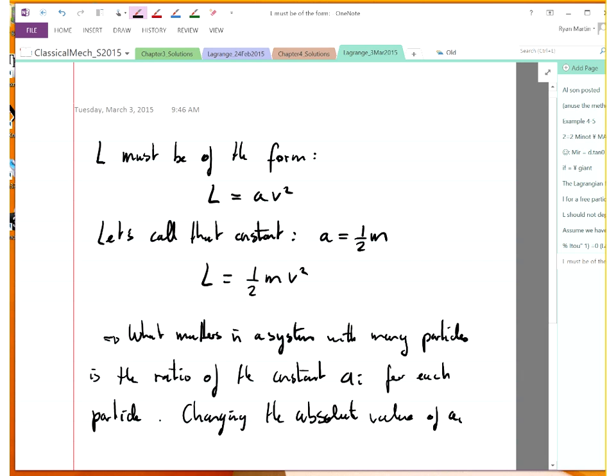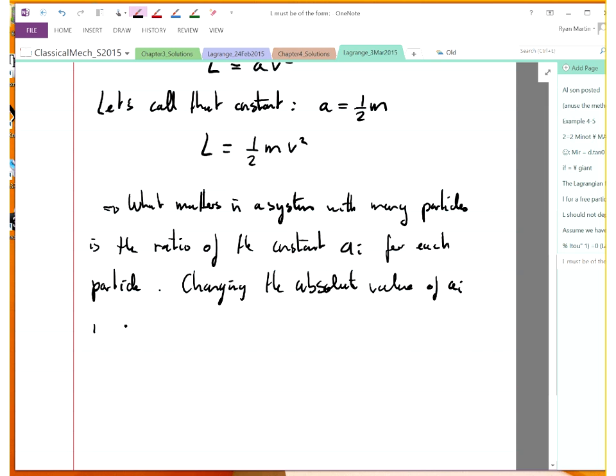So changing the absolute value of A_i is like changing our units for mass.